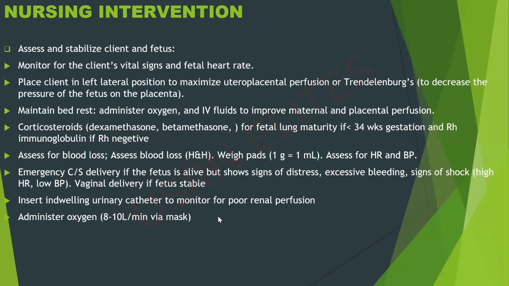So once you know that the mother is having signs of premature rupture, know that DIC can be a complication. So read your labs well, know the history well, and manage the case accordingly.